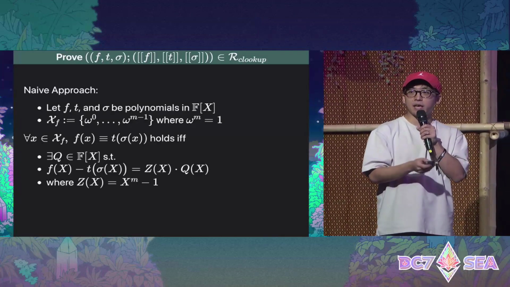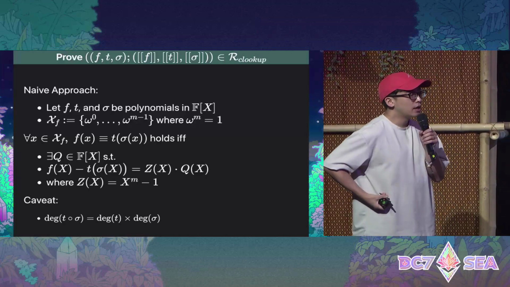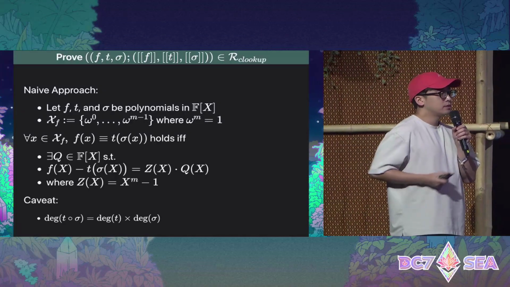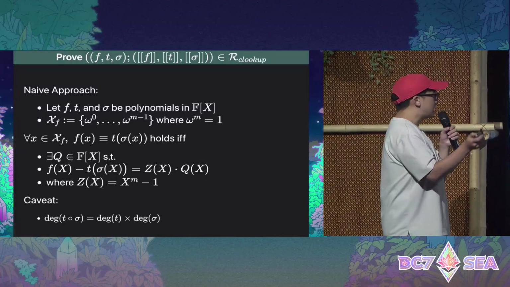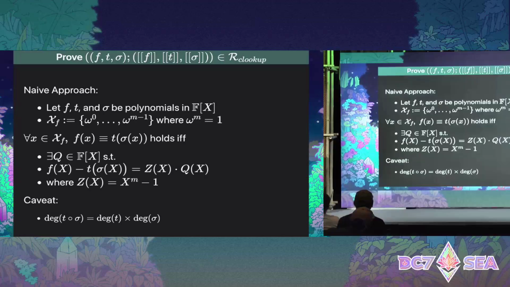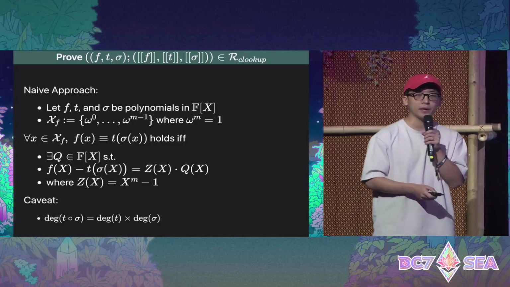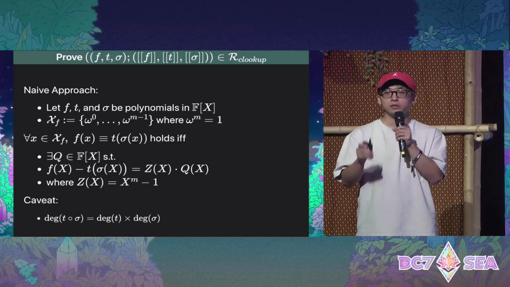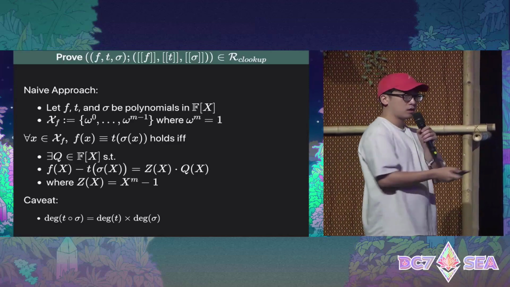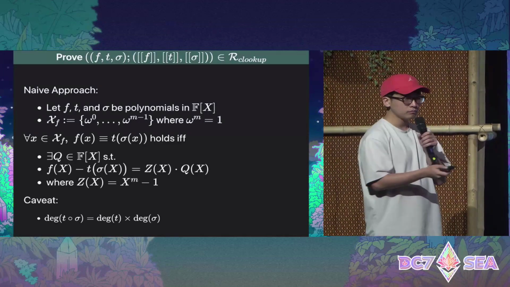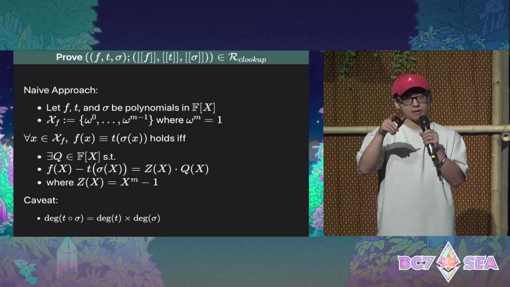Actually, there is a caveat: the degree explodes if we have univariate polynomials and compute the composite function. The degree of the whole system becomes the degree of t times the degree of sigma, which means n times m.